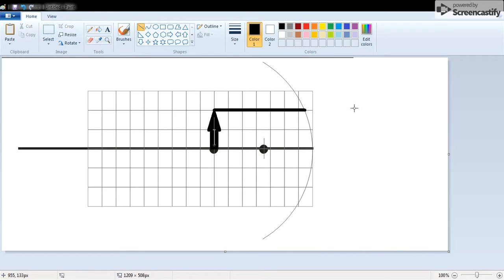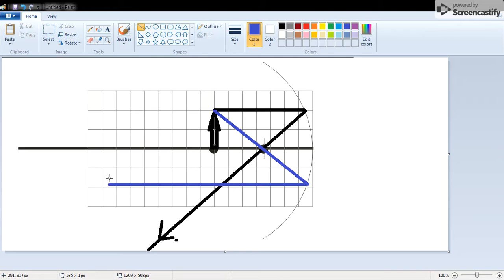So we can still send the ray in parallel and still have it come out through the focus. That ray we still have access to. We can also do the ray that goes in through the focus and then it leaves parallel. And we have an image.